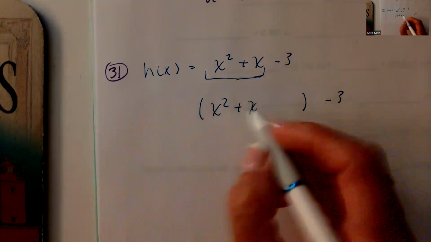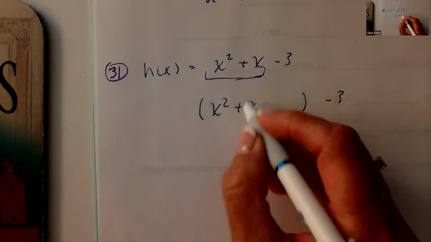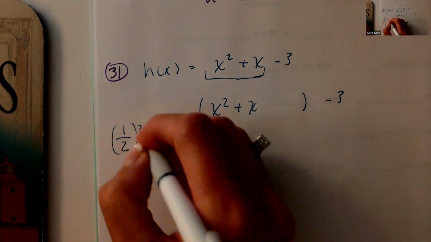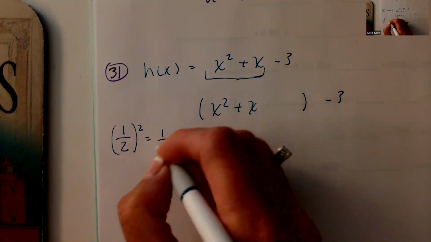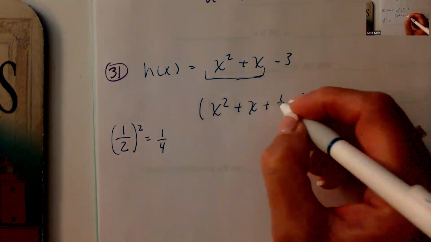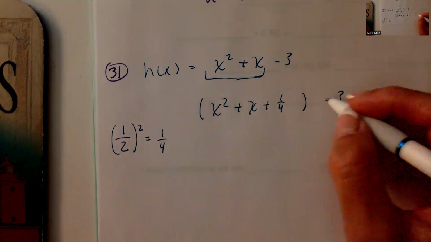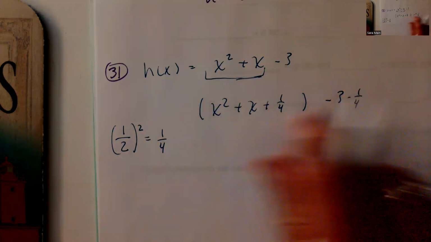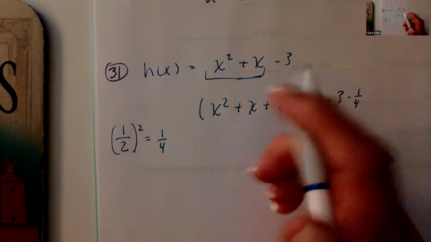So I have to take my coefficient on x, which is a 1. So it's going to be 1 divided by 2, squared, which is going to be 1/4. So I'm adding 1/4 here. That means I have to subtract 1/4 to offset it. I'm adding a fourth and I'm subtracting a fourth to offset it.